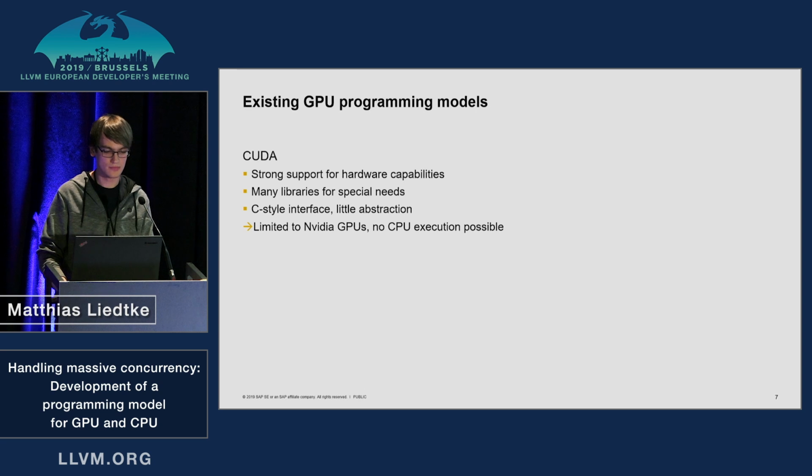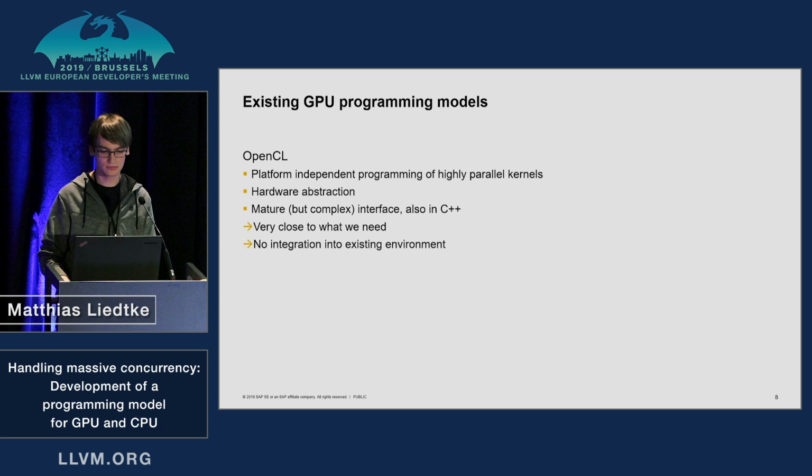It also has a C-style interface, but little abstraction. If you want to move memory to the GPU, you have to explicitly move it there, and explicitly move it back to main memory. It's also limited to NVIDIA GPUs, so it isn't possible to take a CUDA kernel and just execute it on the CPU.